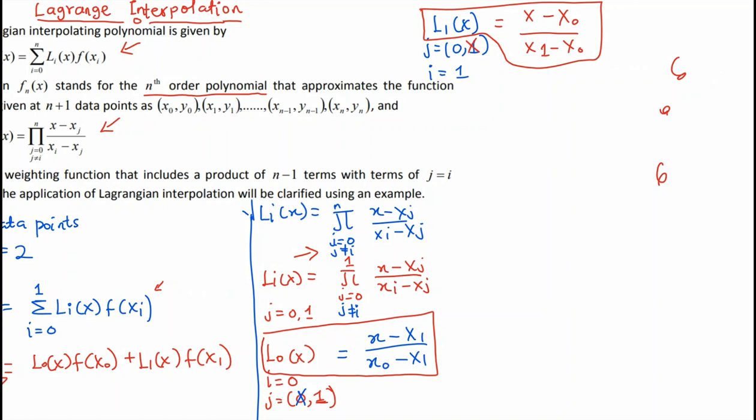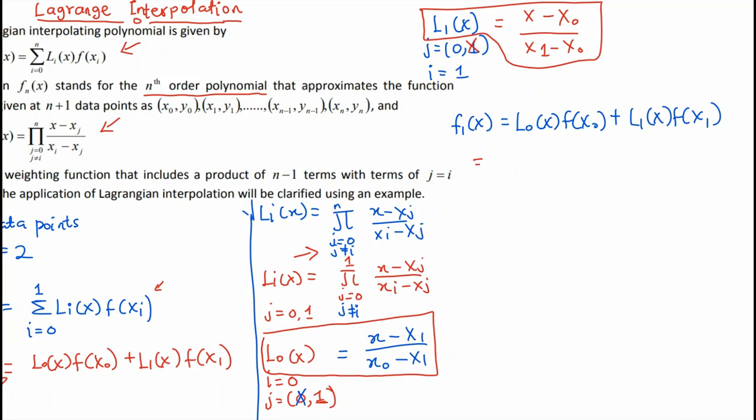So rewriting it, we have f1 of x equal to L naught of x multiplying f of x naught, plus L1 of x multiplying f of x1. Don't worry about the f of x naught and the f of x1. They will be given to you in the question. They come out of the data points, so you know what f of x naught and f of x1 are. So now let's do the substitution.